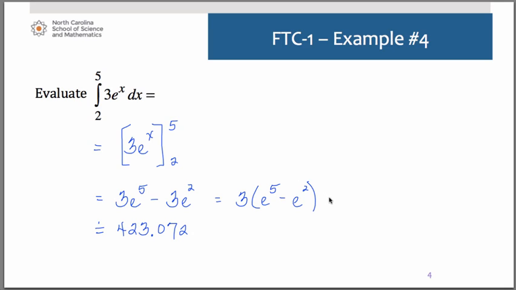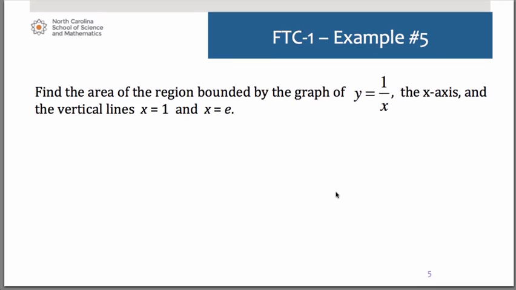The last example we're going to look at draws upon that interpretation of a definite integral as the area under a curve. And in this problem, we're asked to find the area of the region bounded by the graph of y equals 1 over x, the x-axis, and the vertical lines 1 and e. You could graph it on your graphing calculator if you'd like. I'm going to just draw a picture of it here.